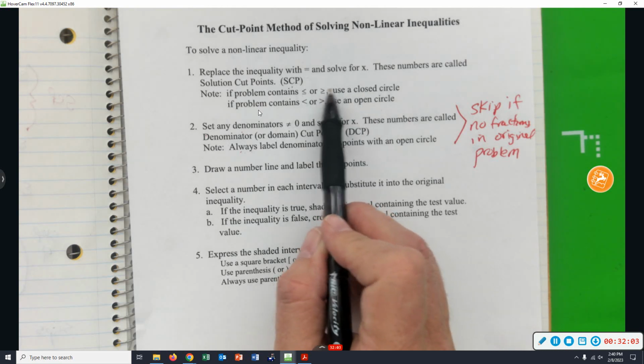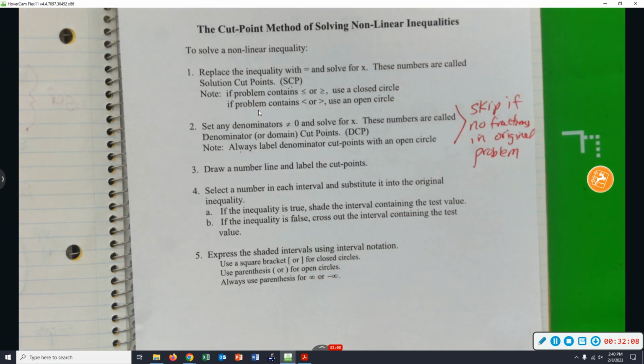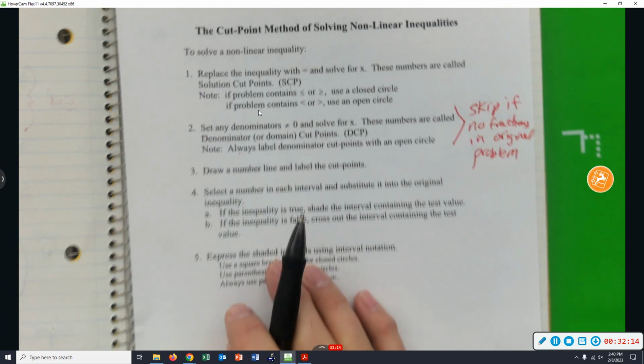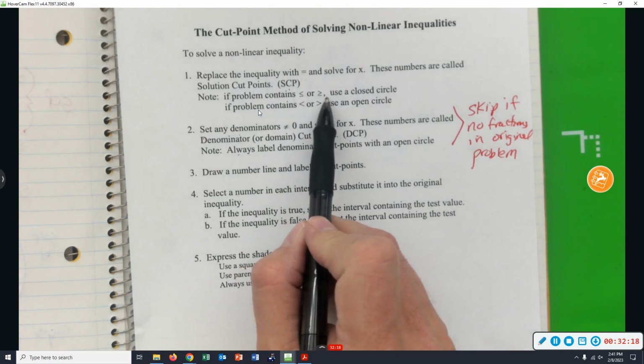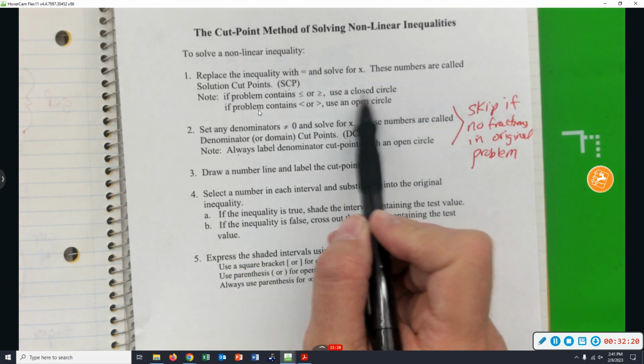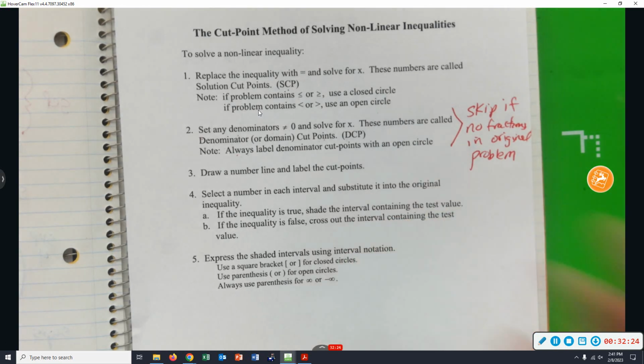The closed, so it's just which one uses more ink. I thought that was brilliant when the student said it. Now that I'm saying it to y'all, it sounds really stupid. But that's what she said, and I was like, oh wow, I'm going to remember that. Which one uses more ink? The one with the equal sign would use more ink. So the closed circle uses more ink. That's how it goes. Okay?